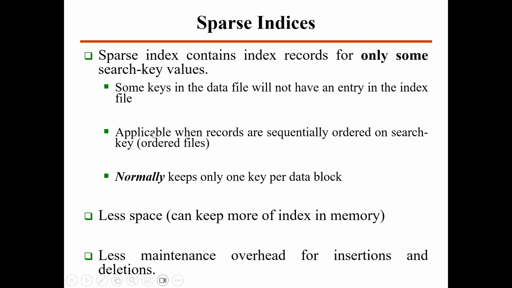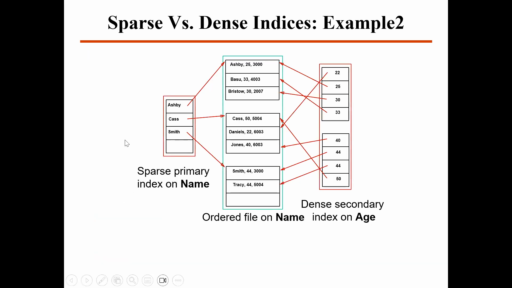Now, the benefit of using a sparse index is that the index will take very small space. Because you see here, if you have 100 blocks, each block having, for example, 50 records inside it, the sparse index will have only 100 entries.